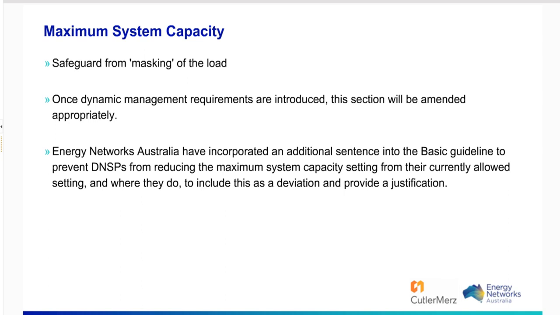And so as a result, we've introduced the additional sub points within the guideline to allow those NSPs that have gone past that requirement to continue to do so and not to deviate from that to a lower requirement for maximum system capacity without deviation being called out and explained. We forecast, though, that those DNSPs that are already ahead and that are already working towards not needing a maximum system capacity will continue to do so without being prompted by these guidelines.